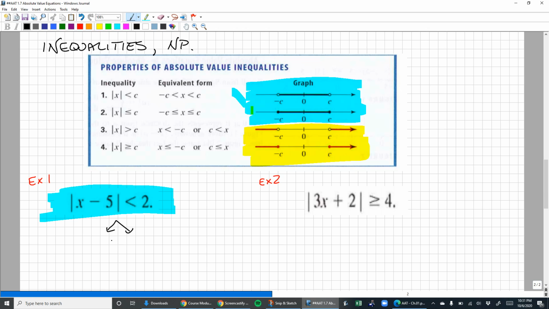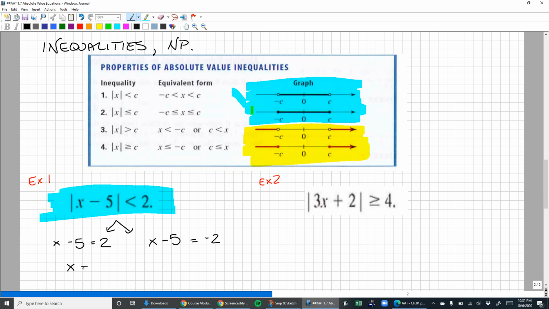Now, I don't need to do much because I can actually set these equal to an equation because I'm really only looking for the boundary values. I know that it's going to go on the inside, so I can just set this equal to 2 and negative 2. So here I have plus 5 on both sides.